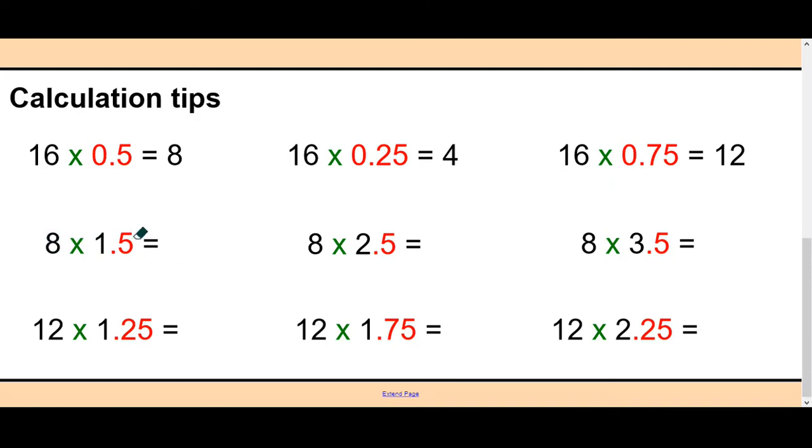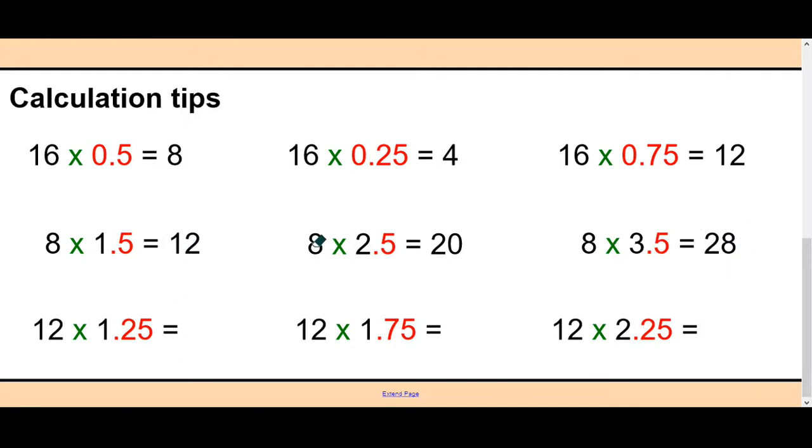So it's really 8 plus 4, which gives you 12. Times by 2.5 is very similar, except you're starting at 2 times 8, which is 16, then add on a half of 8, so 16 plus 4 gives you 20. And to do 3.5 times 8, you're doing 3 times 8, that's 24, then add on a half of 8, which is 4 again, so 24 plus 4 is 28.